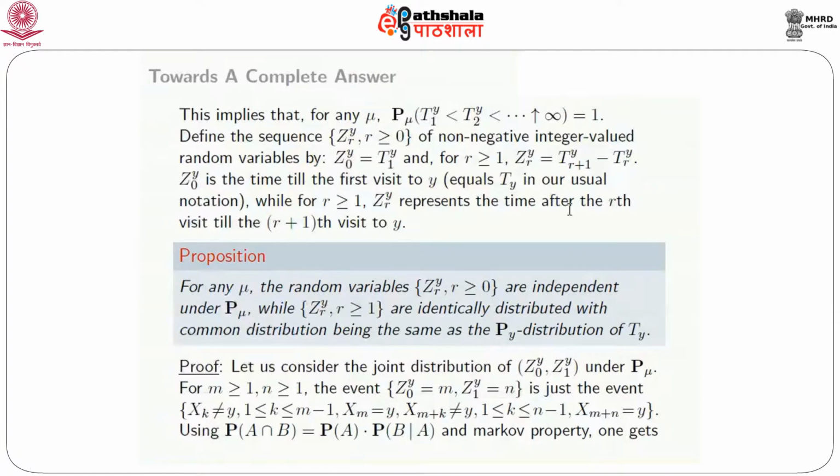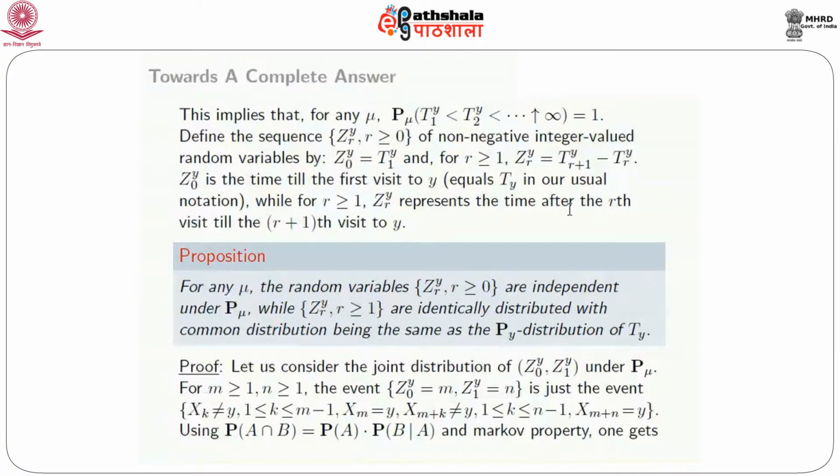So with that A and B, use this result, and then use the Markov property for the conditional part. The conditional part of what? The P_mu conditional probability that X_{m+k} is not equal to y, etc., for all k up to n minus 1, and X_{m+n} equal to y, conditioned on the event A, that is X_1 is not y, X_2 is not y, X_{m-1} is not y, and X_m equal to y. And now for the conditional probability, the Markov property takes over.